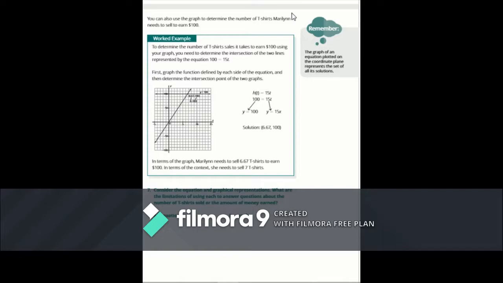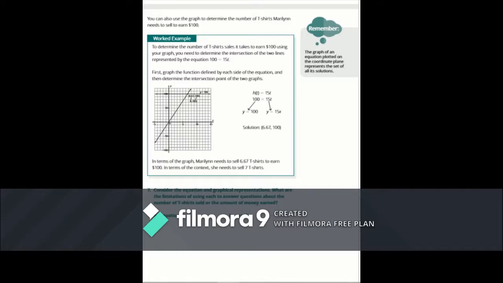An equation will always provide an exact answer or decimal. So sometimes it will give you an answer that doesn't make sense in the context, so you'll have to round it so it does make sense. In this scenario, you'll have to round 6.67 t-shirts to 7 because 6.67 t-shirts doesn't make any sense.